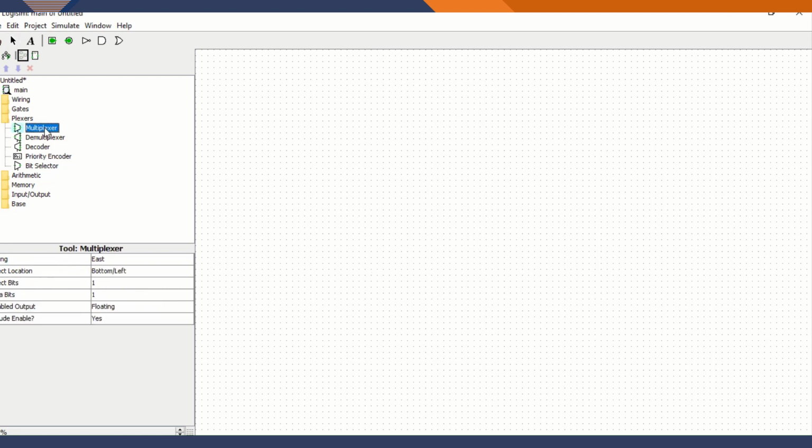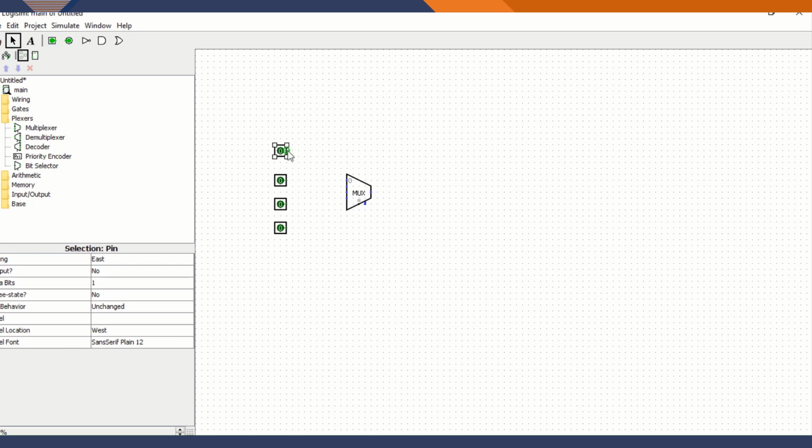Now I am going to implement the 4:1 multiplexer. Now I am going to take one multiplexer. Here I am going to change the select bits to 2. And I am going to put 4 inputs, and take one input for the selection line.